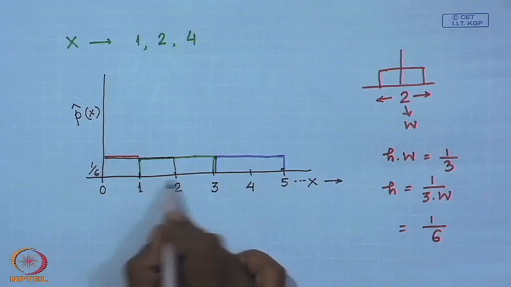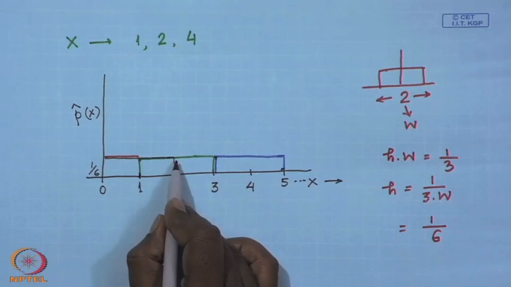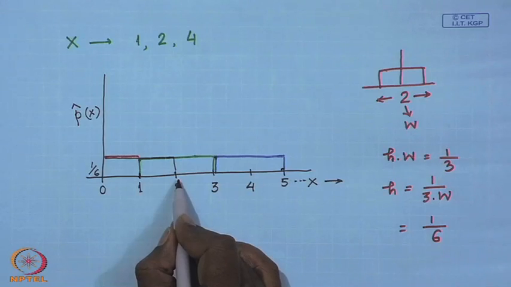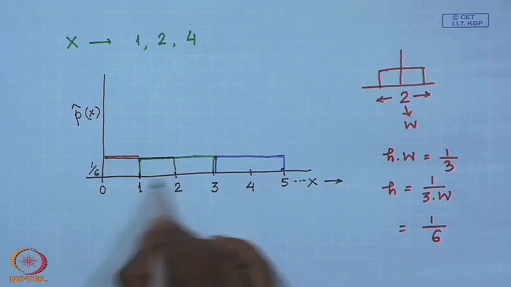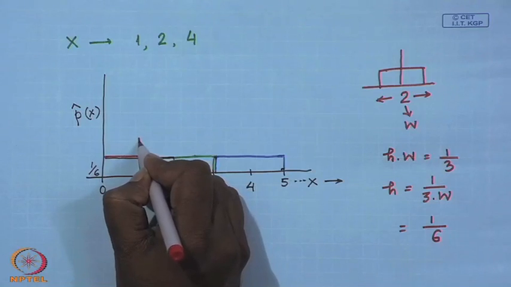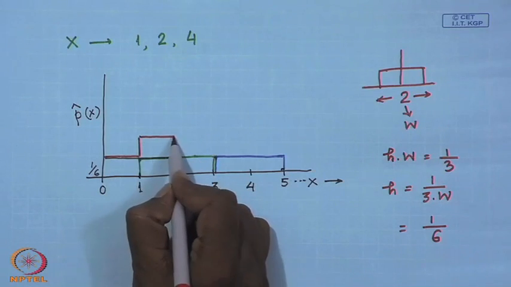Then from location 1 to 2 in this region, I have 2 windows which are superimposing. One window was placed at location 1 and the other window was placed at location 2. So, these 2 windows overlap. So, obviously, here the probability density will be the sum of the heights of the individual windows.